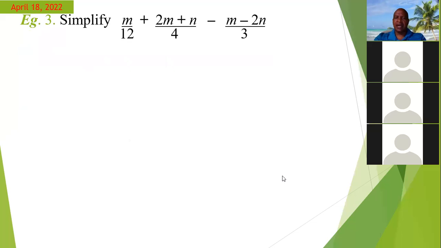All right, so here we have fractions of a little bit different nature from the one that we have just looked at. If you notice now, these fractions have expressions in the numerator. And so when we are simplifying these fractions, we have to treat our numerator as a single entity.